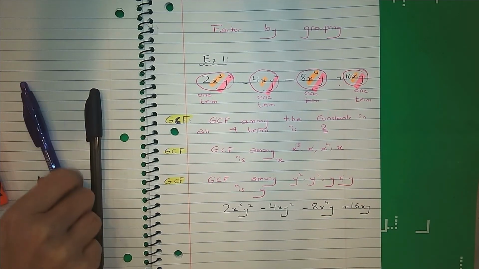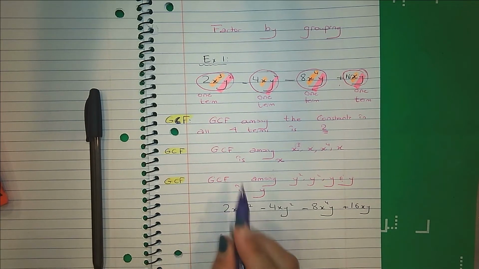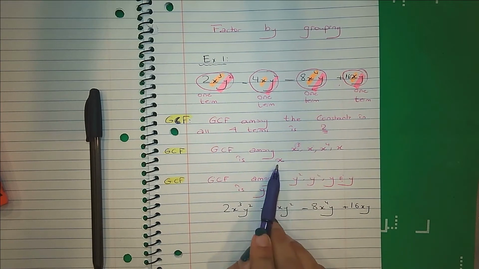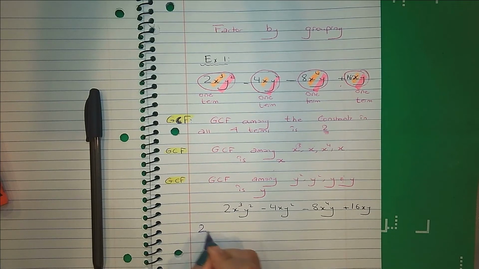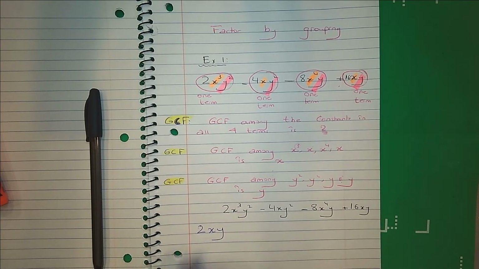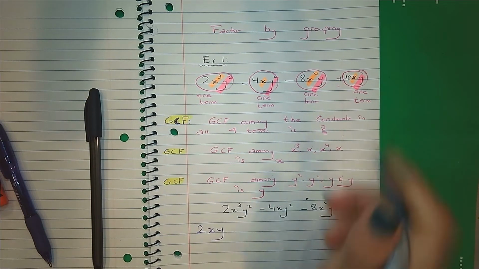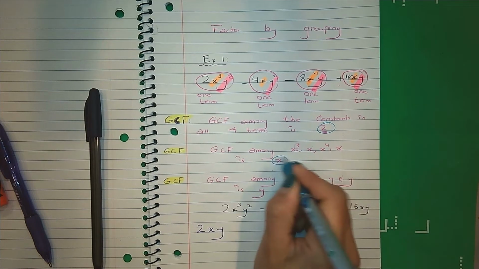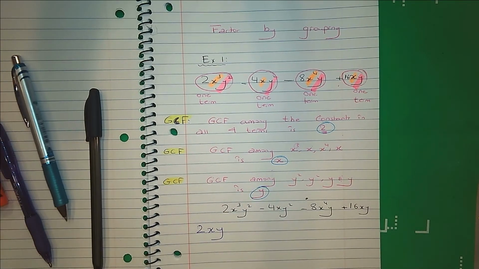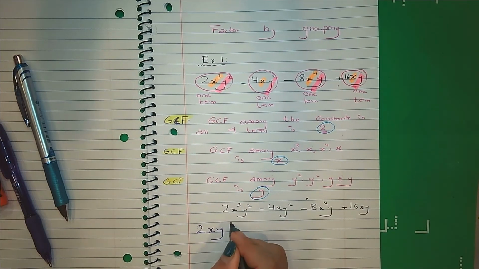And I'm just going to go ahead and see that I have 2 x and y in common. So it's 2xy. These are all the common factors I have, right? The 2, the x, and the y. Now I'm going to open parentheses.